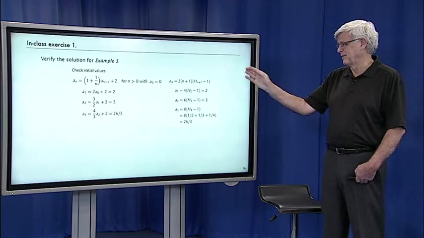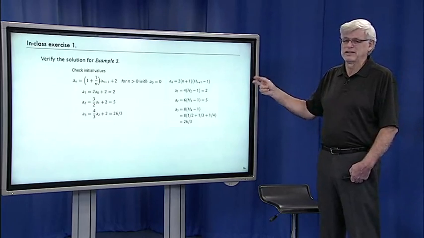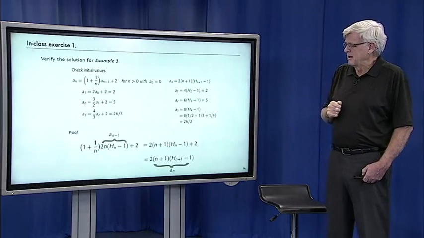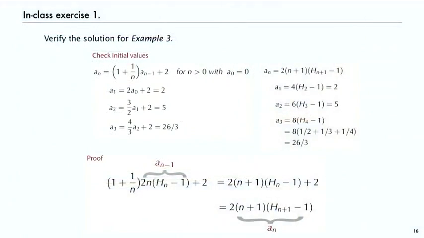And actually, with only one thing here, that does not result in a proof that you've got the solution just because your first few values are right. But to really have a proof, what we want to do is plug in the supposed answer, a sub n minus 1, which would be 2n h sub n minus 1 over on the left, and do the computation, see if you get a sub n.